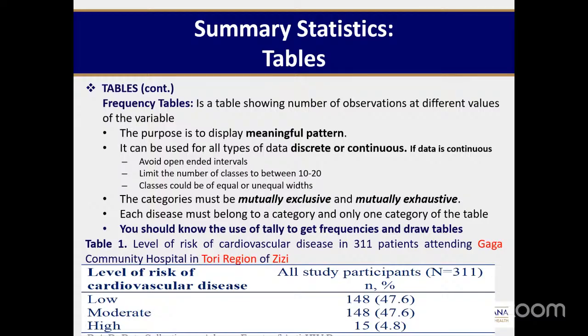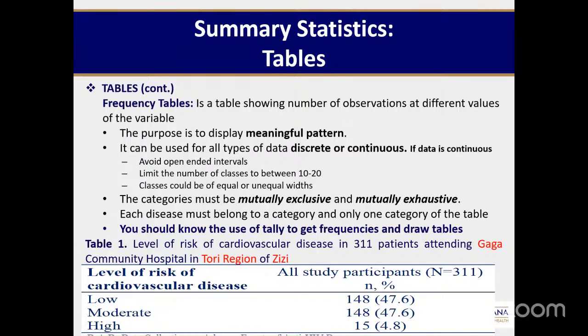Meaning that every member of your study, every study participant, should fit into only one category of a row. And at the same time, every member should have a category to fit in.